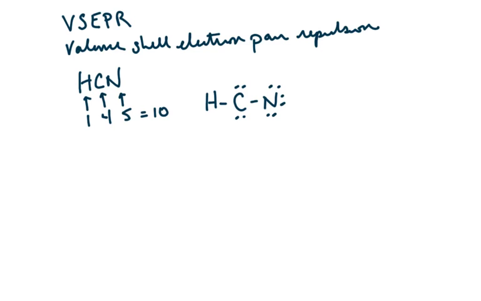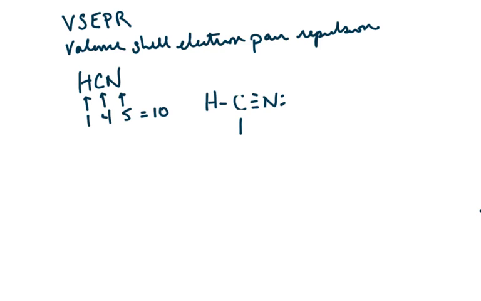So if I count correctly, there's 2, 4, 6, 8, 10, 12, 14. And that's too many, right? So I'm going to add multiple bonds here. So let's erase some of these. And I'm going to put a triple bond in there, like so. And count them up. So I got 2, 4, 6, 8, 10. So that's a good Lewis dot structure.